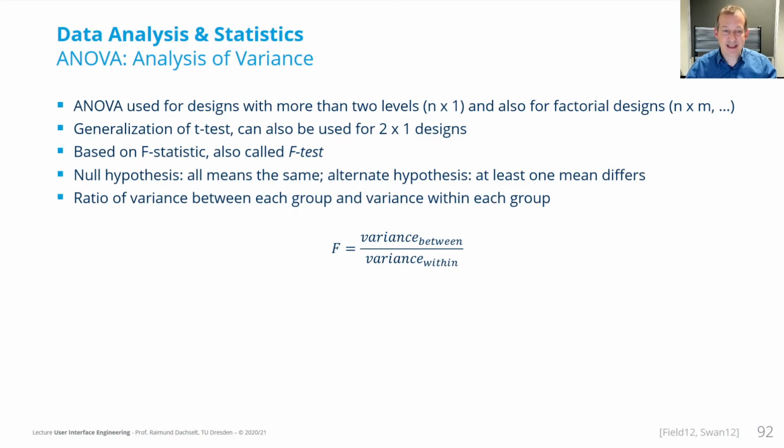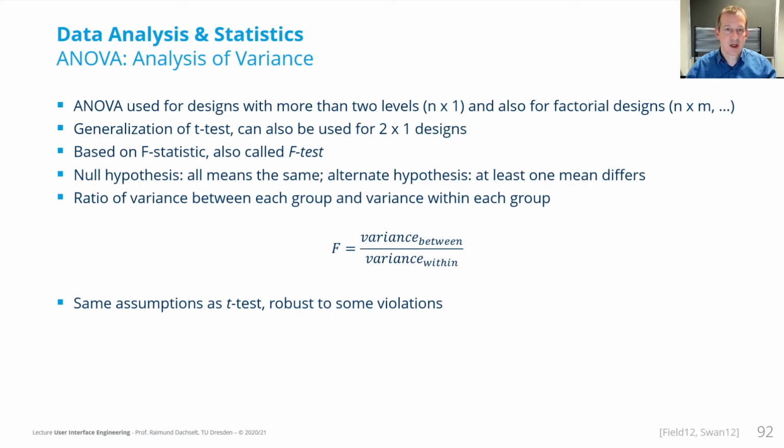So that's the idea. So the ratio, just to say it again, the variance between each group and the variance within each group. These are these F values. And we have the same assumptions as a t-test, so, for example, normal distribution. And ANOVA is quite robust to some violations.